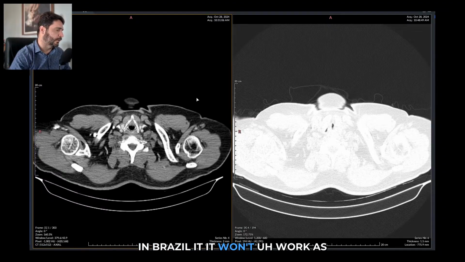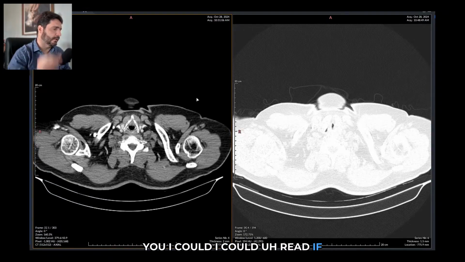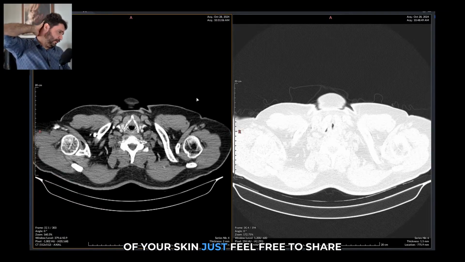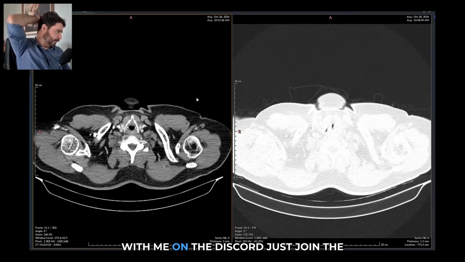It won't work as a proper medical opinion in your country. I don't know where you are, Rip, but if you have the digital images, the DICOM images of your scan, just feel free to share with me on the Discord.